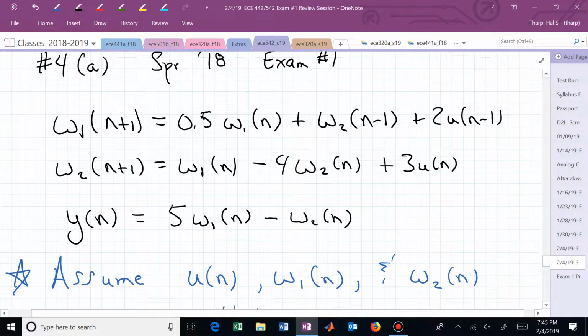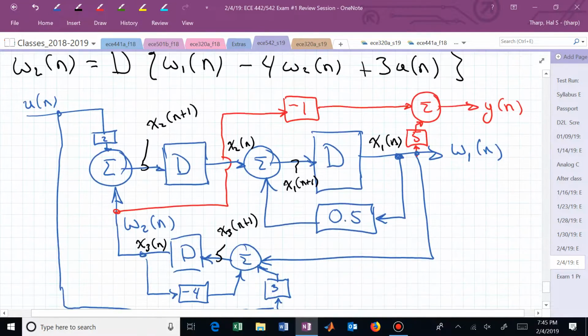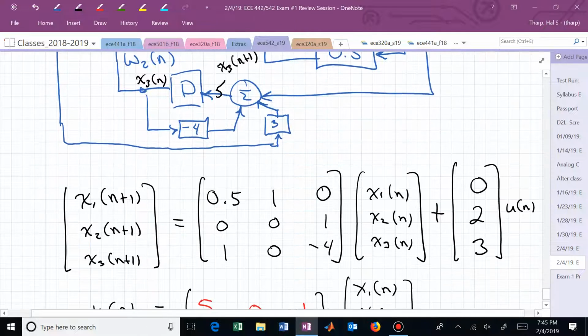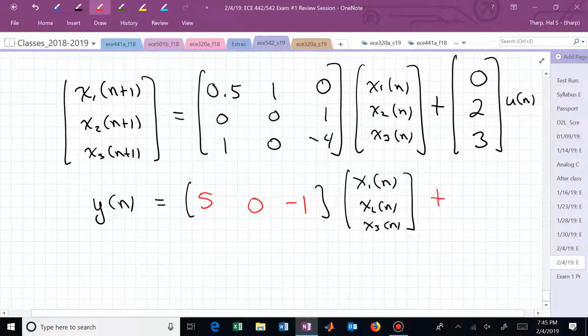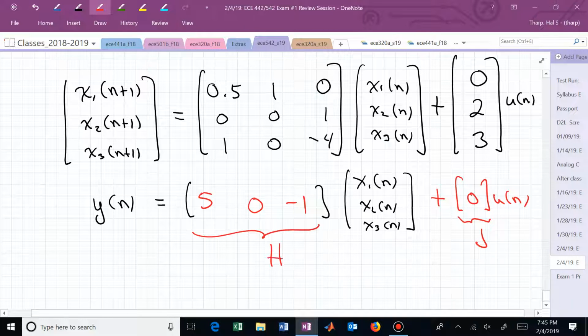And if you wanted to, you could now do block diagram algebra. You could do the formula. Here we had 0 times u of n. This is now our j. This is our h. This is our phi. And this is our gamma.